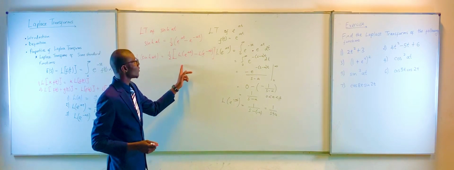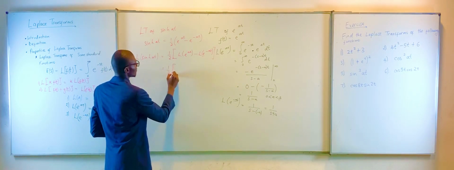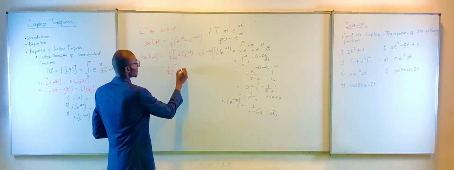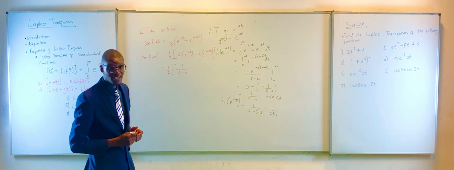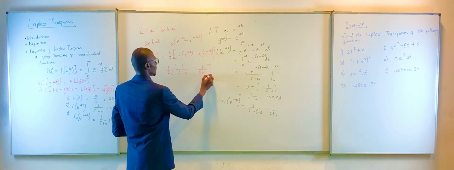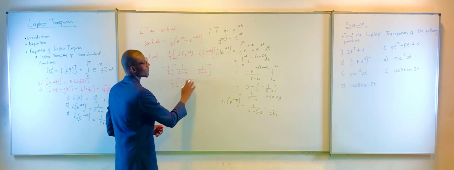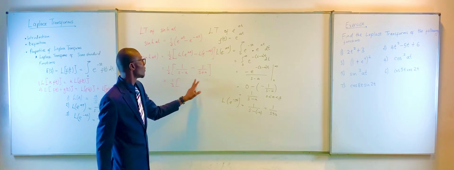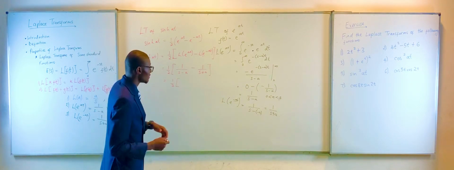Then, now we can find these. So we're saying half multiplied by the Laplace transform of e to the power of at, you see that's 1 over s minus a, then minus the Laplace transform of e to the power of minus at, you see that's 1 over s plus a. Right, so if we combine these two, right, here we know that the common denominator is simply the product of these two, which is a difference of two squares.